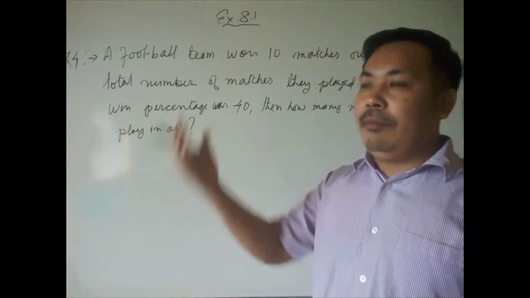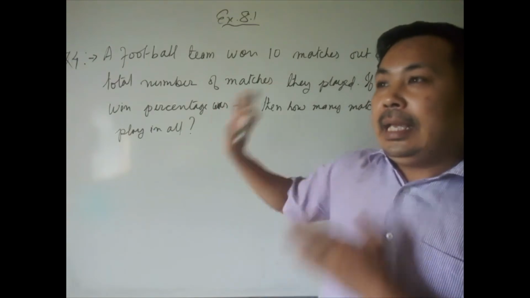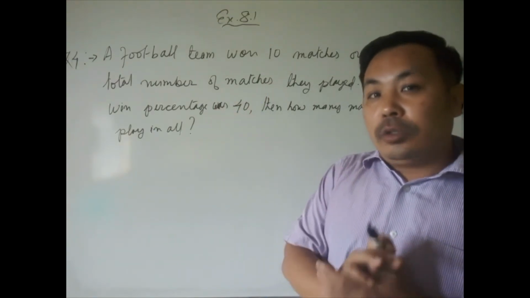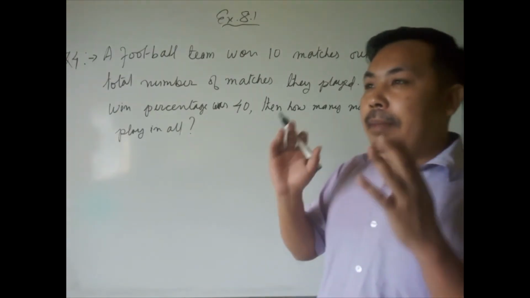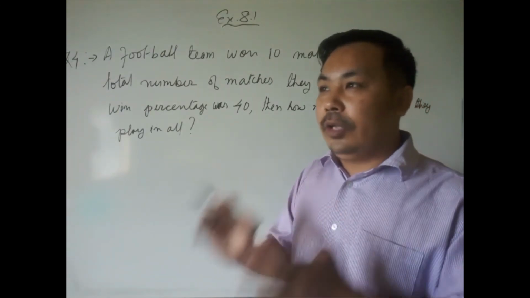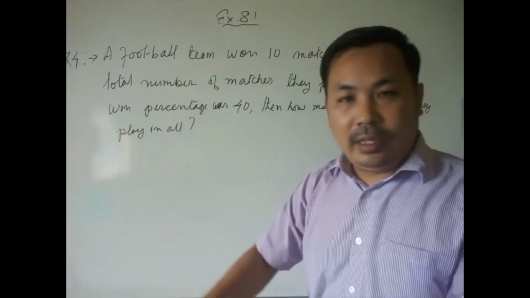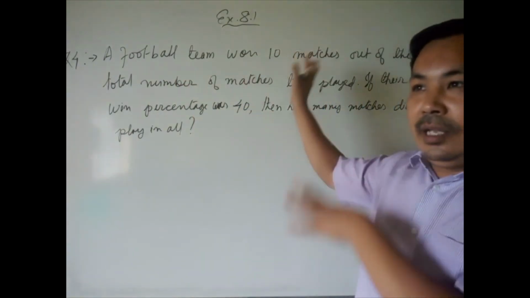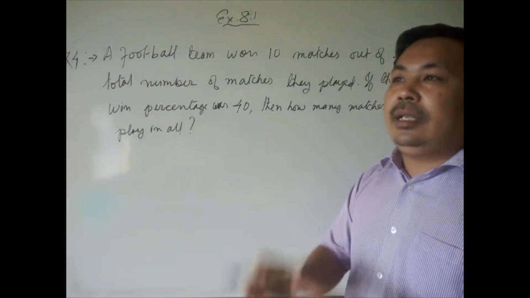Maybe 25, maybe 26, maybe 30 matches; 10 were won, and this is 40% of the total. Now the question is asking how many matches there are altogether. Some are not winning, some are winning. The winning ones are only 10, isn't it? And some are not winning. Together, how many matches are there in the tournament?